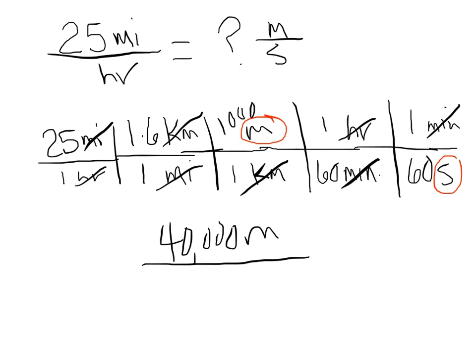And then I'm going to go ahead and multiply across the bottom. 1 times 1 times 1 times 60 times 60. Well, 60 times 60 is 3,600 seconds. Divide the top by the bottom, and I get 11.1 meters per second.